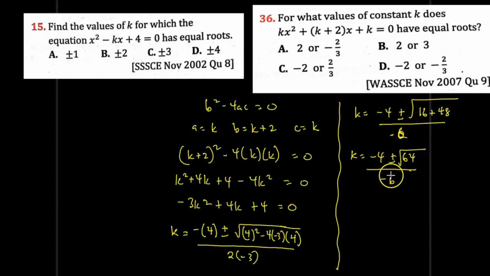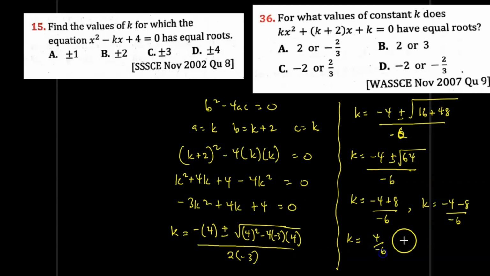Now, the square root of 64 is 8. So we have k as negative 4 plus 8 divided by negative 6, or k is equal to negative 4 minus 8 divided by negative 6. Simplifying, 8 minus 4 is 4, so 4 on negative 6.